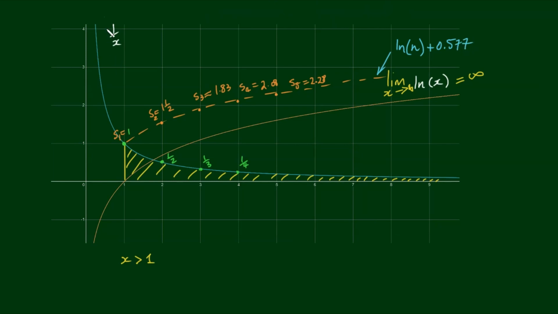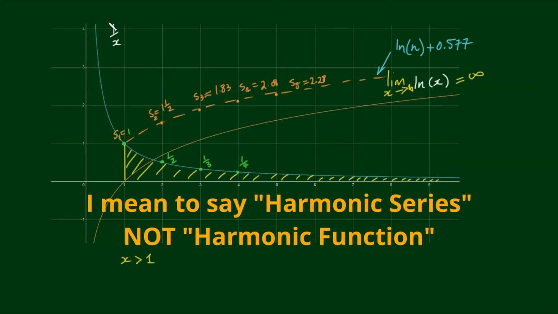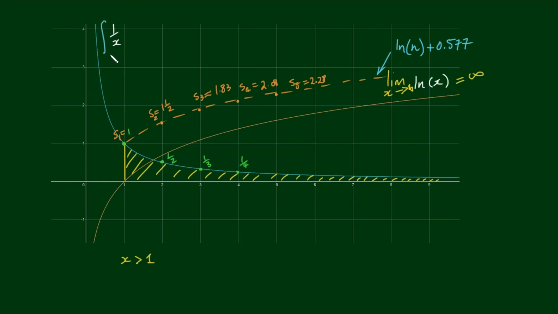So in a way, with the harmonic function and plotting its partial sums, we are finding the integral, or finding the area under the curve from 1 to the term n, with n approaching infinity, of the curve 1 on x, and we're integrating with respect to x.